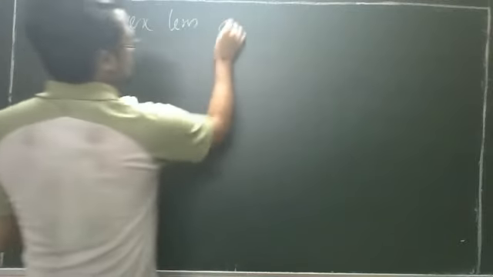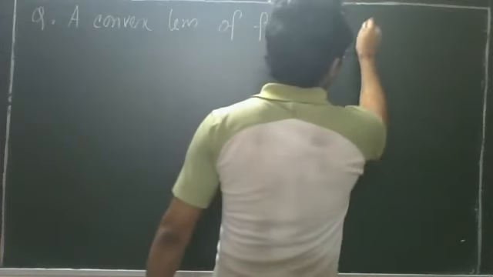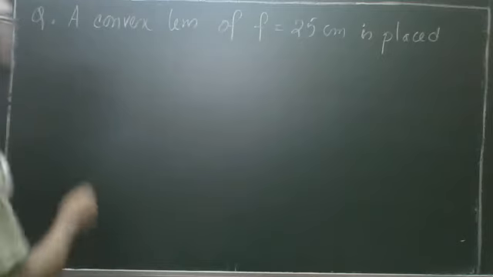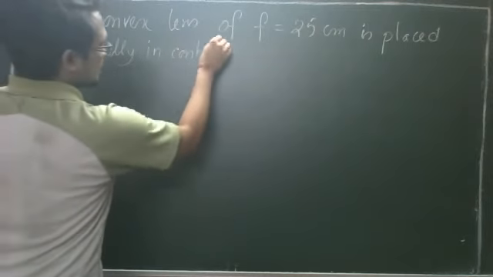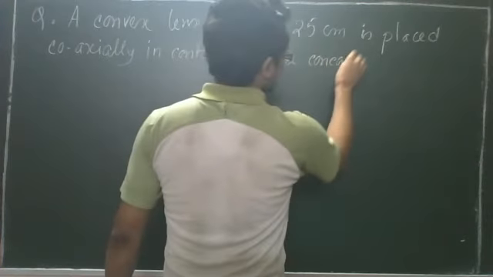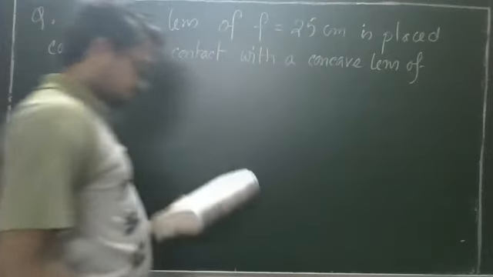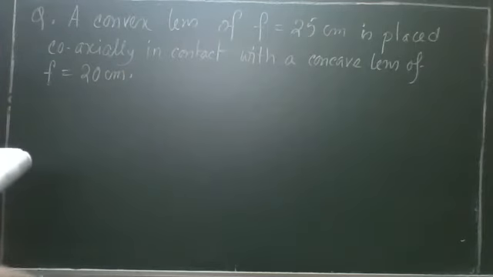Two lenses. A convex lens of focal length 25 cm, f equal to 25 cm, is placed coaxially in contact with a concave lens of f equal to 20 cm.